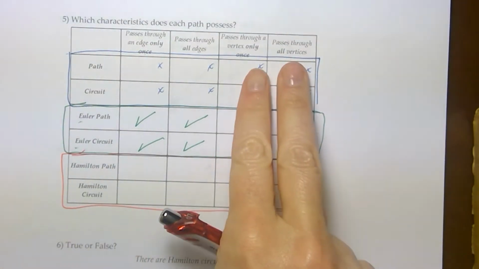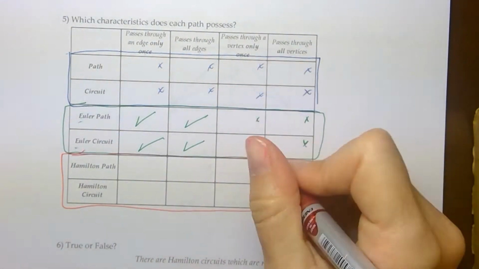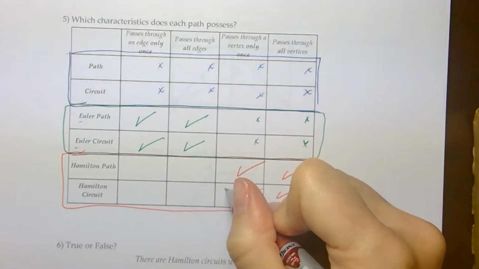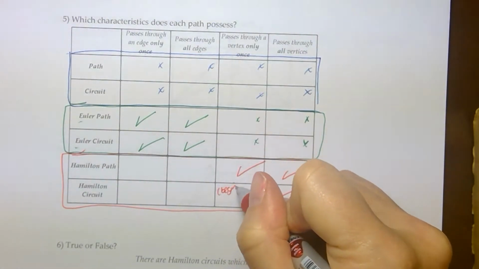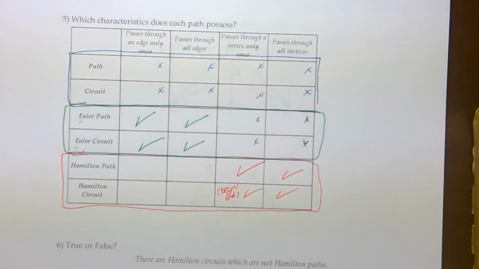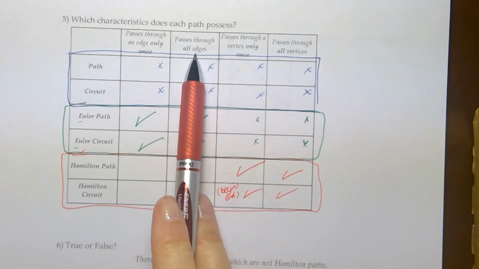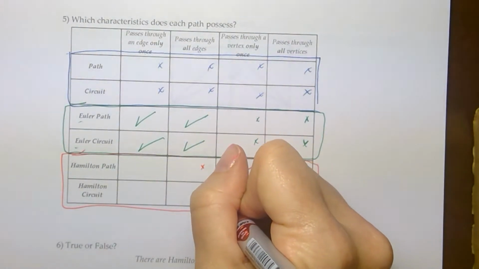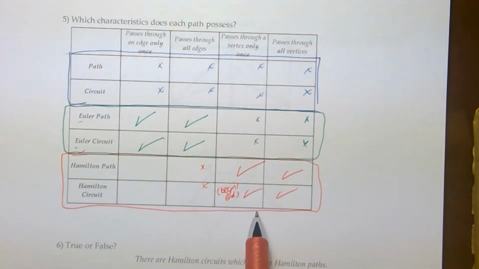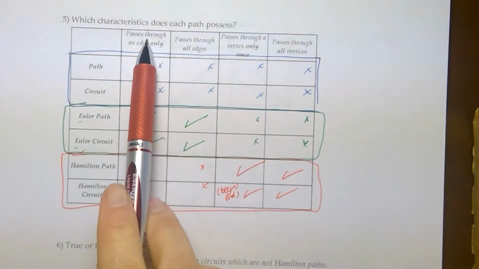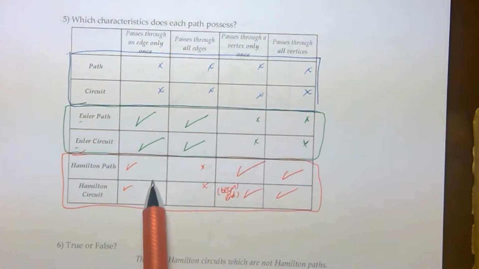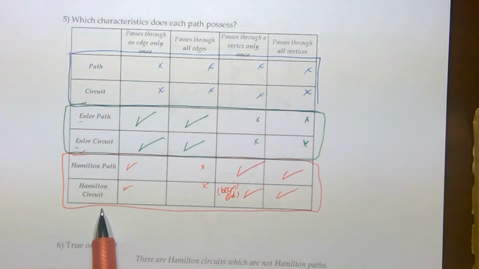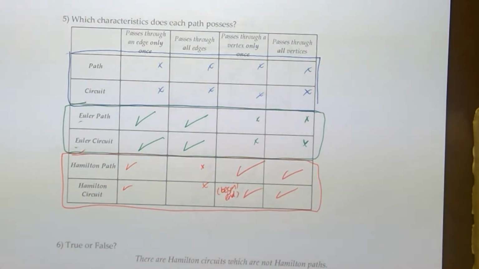Hamilton paths and circuits pass through all the vertices only once, with that little disclaimer, because the circuit has to start and end at the same one. That one gets to be repeated. We don't care whether or not they go through all the edges, but because we can't repeat a vertex, we aren't going to repeat any edges. So that gets included in our Hamilton paths and circuits because of the definition.